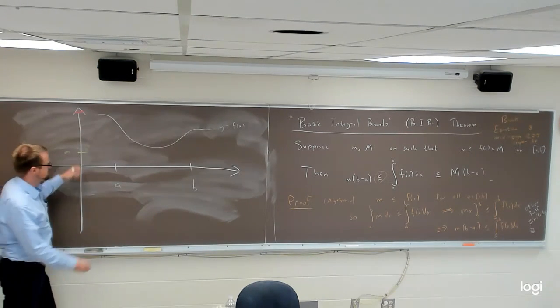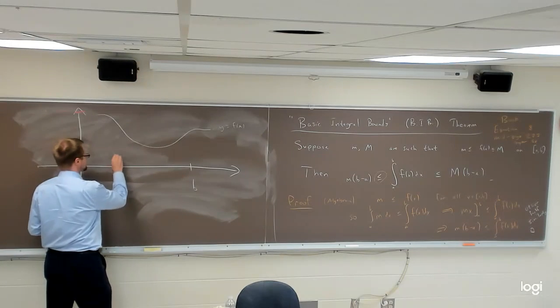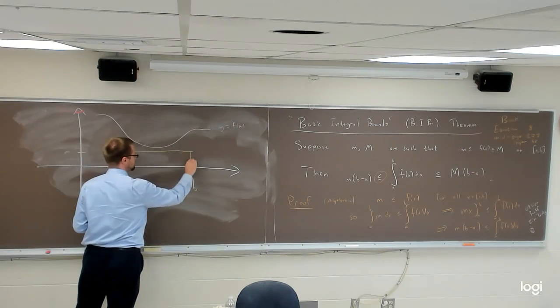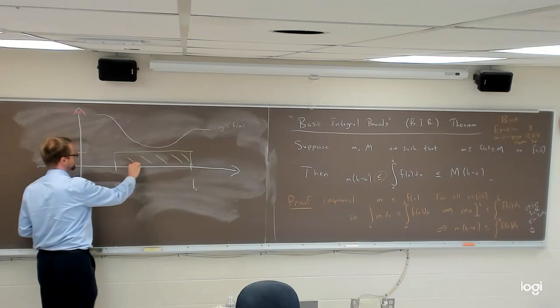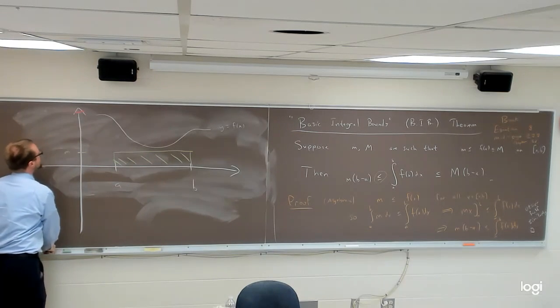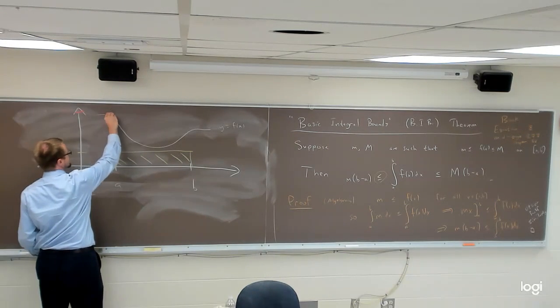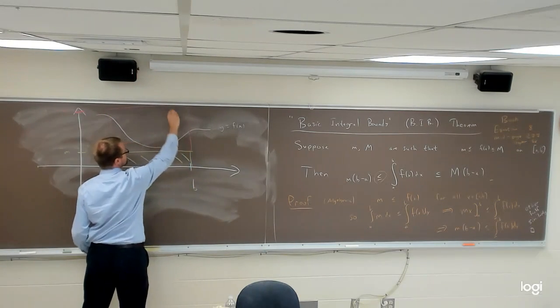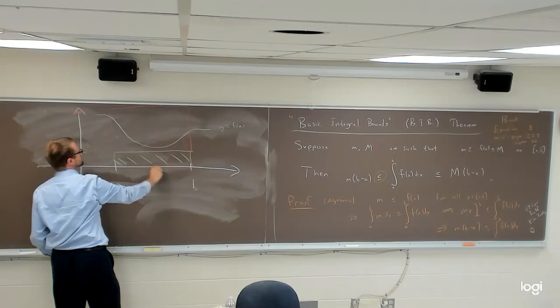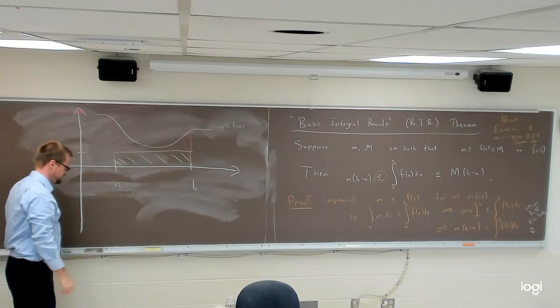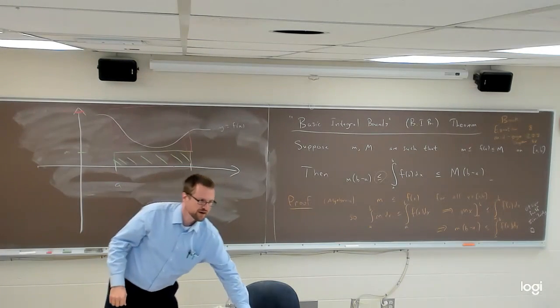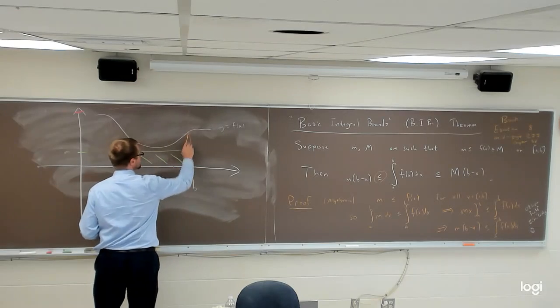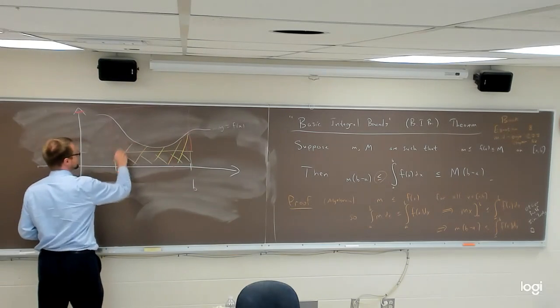Well, m times (b minus a) is the area of this rectangle. Capital M times (b minus a) is the area of this rectangle. And the integral that we're after is this region here under the curve.